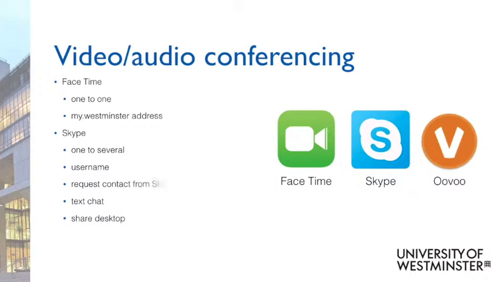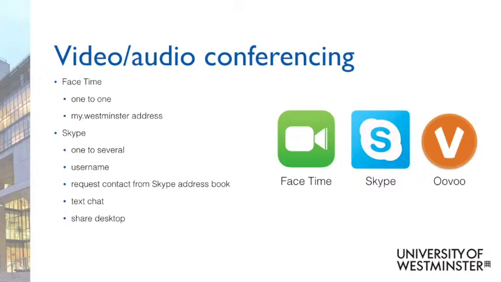The advantage it has over FaceTime is that it does allow you to have one person organizing a meeting, communicating with several people via audio or video at the same time. To use this facility, the person organizing and controlling the meeting has to start Skype from a computer, not from their iPad. All the other people joining the meeting can be on iPad.